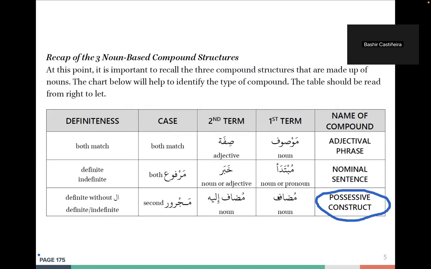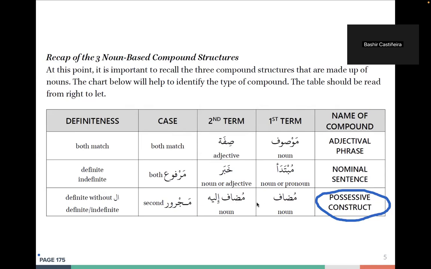They just mention the two parts of the construct. The first part, or the first term, is al-Mudaf. The second one is al-Mudaf ilayh. The first is the possessed or the owned thing. The second one will be the owner or the possessor of the first term, if that makes sense.